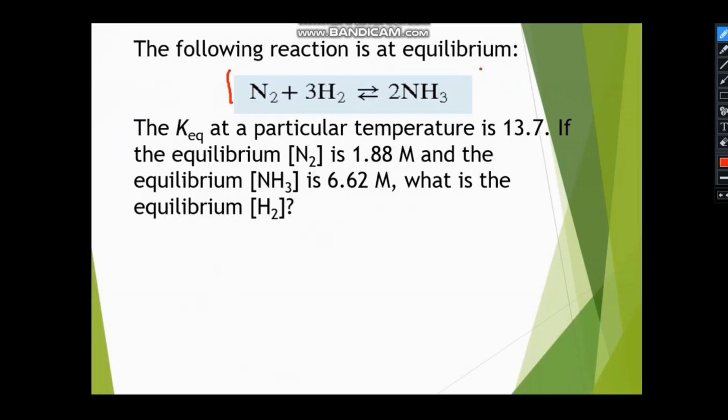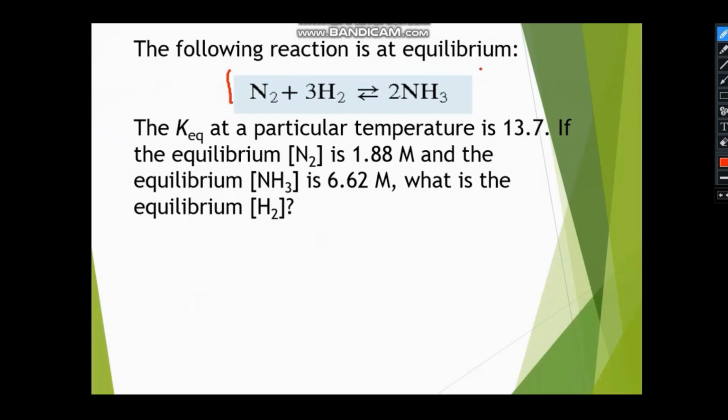How do you come up with the equilibrium constant expression? How do you calculate the concentration of a given reactant or product when you have been given some variables?